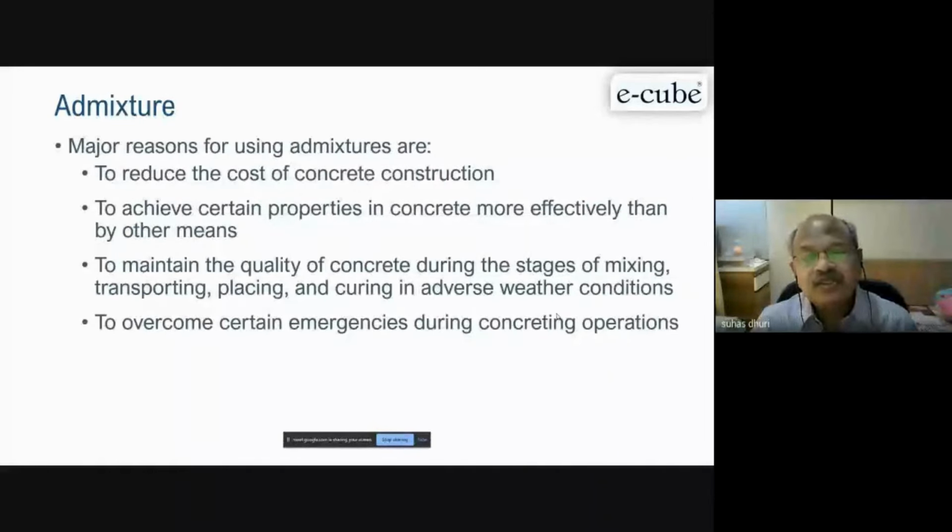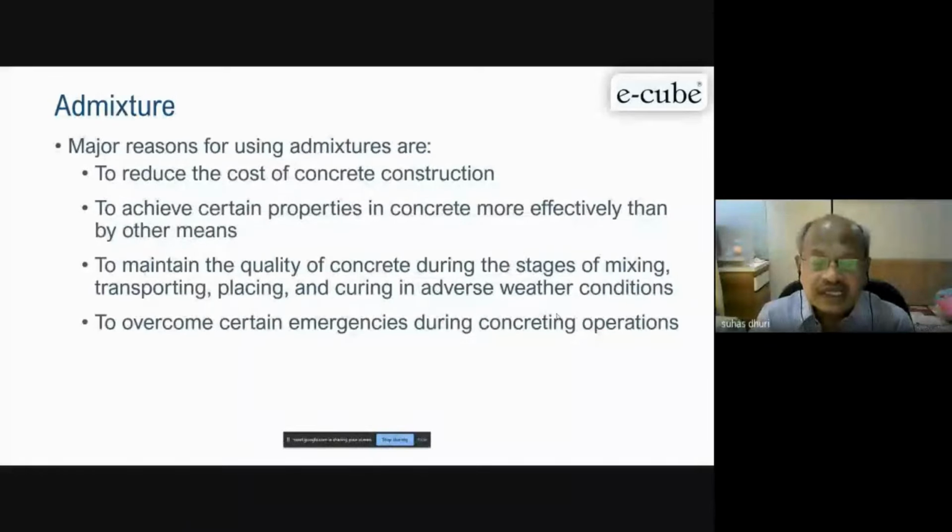Certain applications need early deshuttering. Suppose I have to deshutter within 2 or 3 days. You must have heard about PT slabs, post-tensioned slabs, where the requirement is at 3 days.